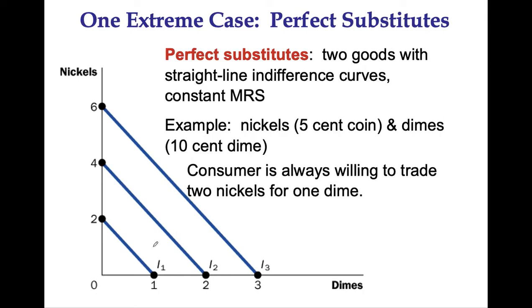So the substitution between these two goods is always constant, which makes these two goods perfect substitutes, and their indifference curves are straight lines.